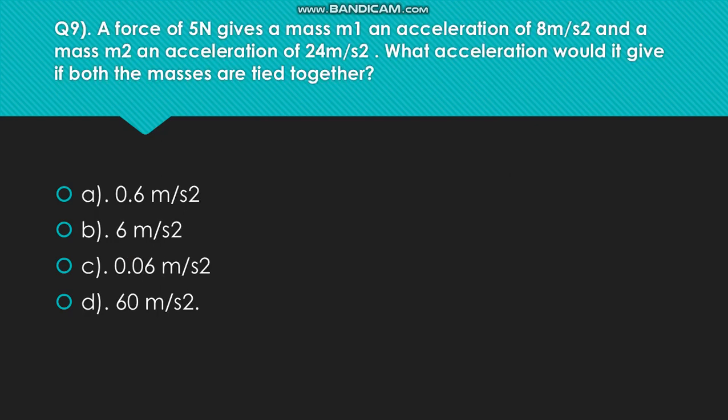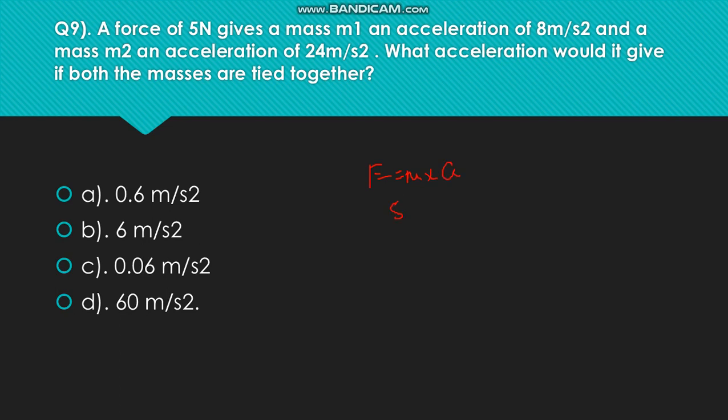A force of 5 Newton gives a mass m1 an acceleration of 8 meter per second square, and a mass m2 an acceleration of 24 meter per second square. What acceleration would it give if both masses are tied together? Here, we know that force equals mass into acceleration.